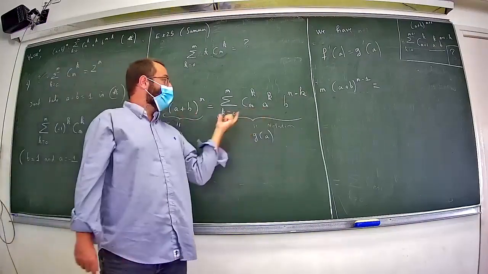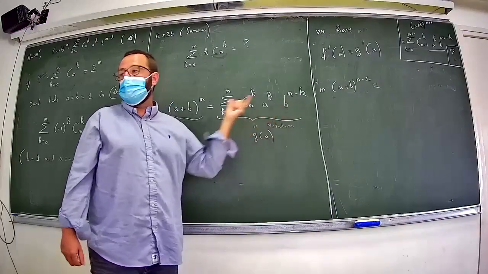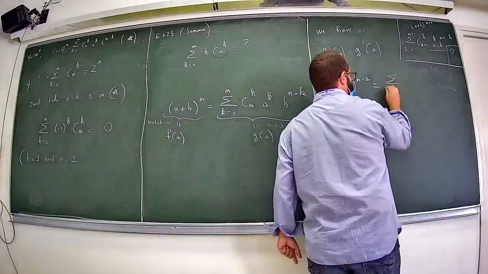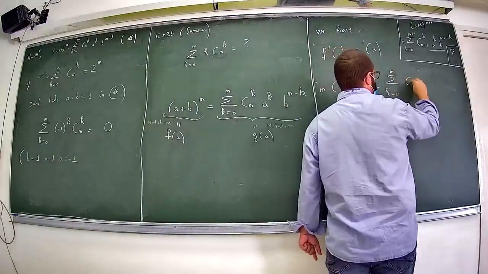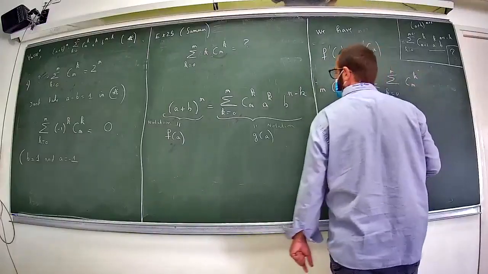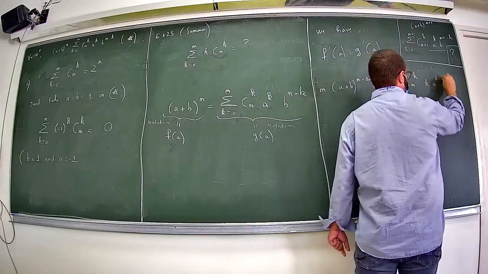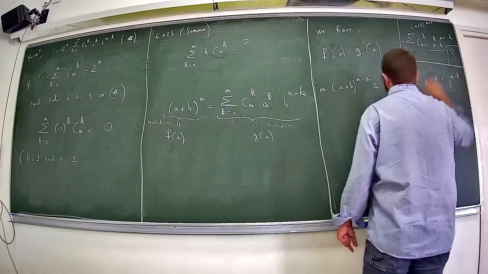And here I have just sums of terms of this form. The derivative of a sum is the sum of the derivatives, and I obtain the sum from k equal to 0 to n of C(n,k) k a to the power k minus 1 b to the power n minus k.